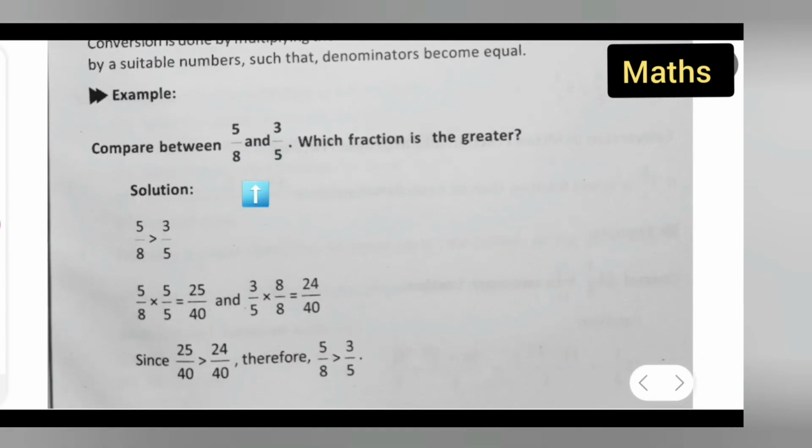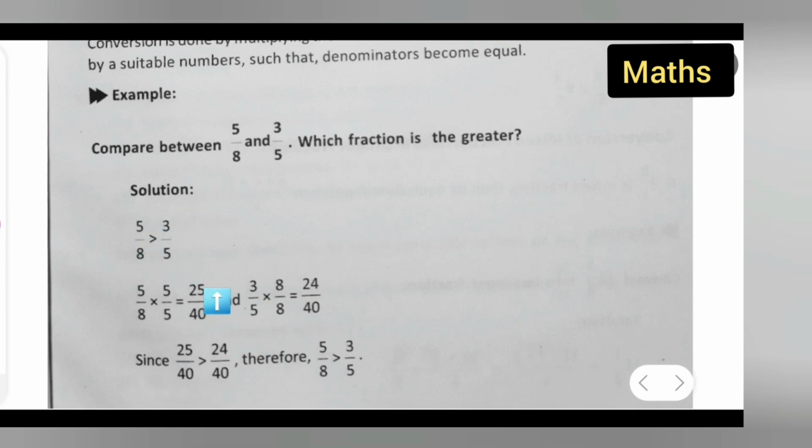You have to compare 5 upon 8 and 3 upon 5, which fraction is greater. Okay, but the denominators are different, so you'll have to balance this, right? 5 upon 8 multiplied by 5 upon 5, and here 3 upon 5 multiplied by 8 upon 8, like cross multiplying. We are multiplying this by 8 and this by 5.